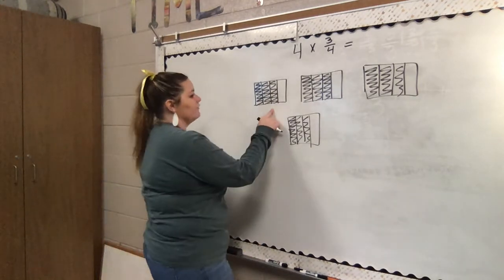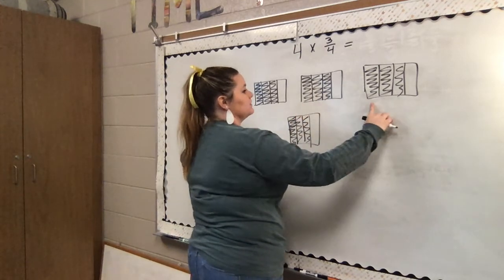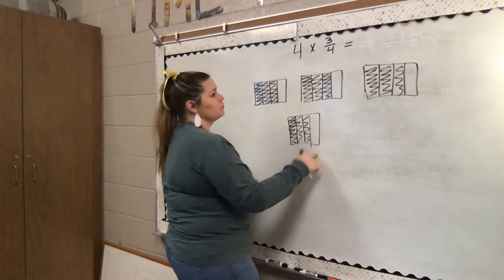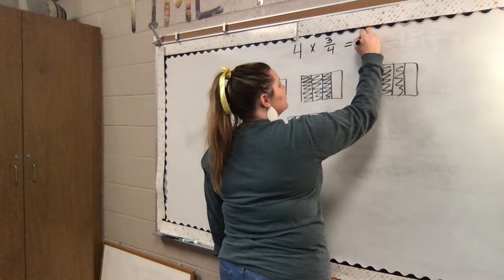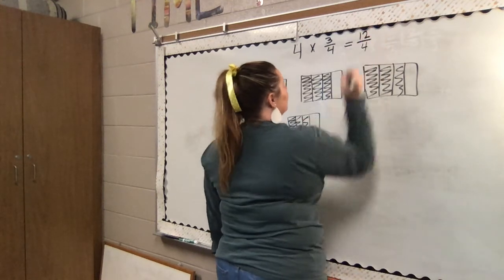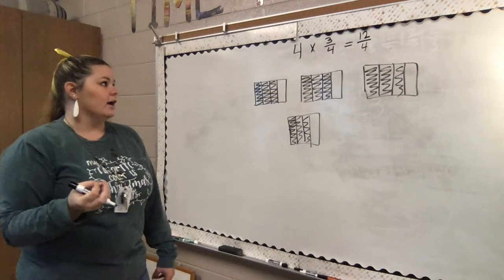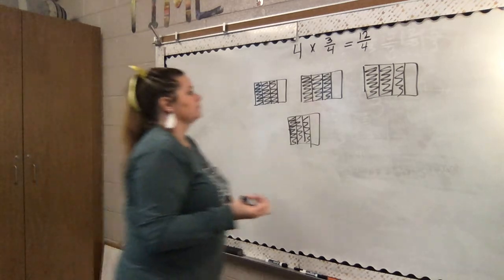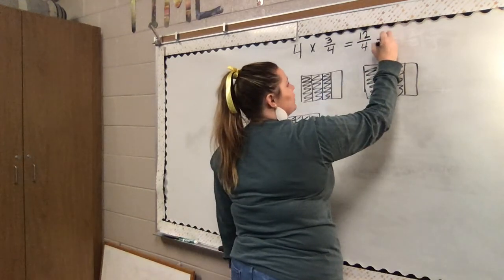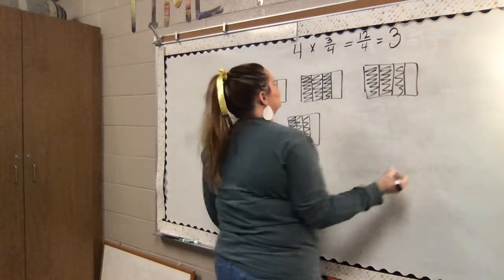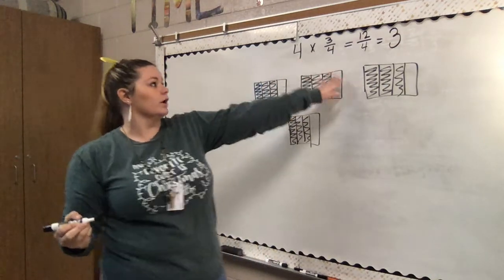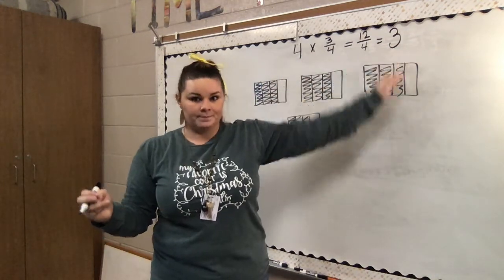So 3/4, 4, 5, 6, 7, 8, 9, 10, 11, 12 fourths is my answer. Now I need to simplify that. 4 will go into 12 evenly 3 times. So 4 times 3/4 is 3.